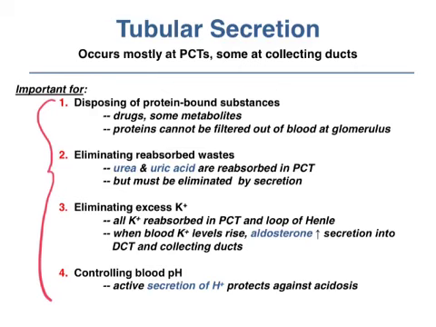Excess potassium is gotten rid of, as I mentioned, with aldosterone. When blood potassium levels get too high, aldosterone increases potassium secretion in exchange for increased sodium reabsorption. This is also important for controlling blood pH because you get active secretion of hydrogen ions when your blood gets too acidic.